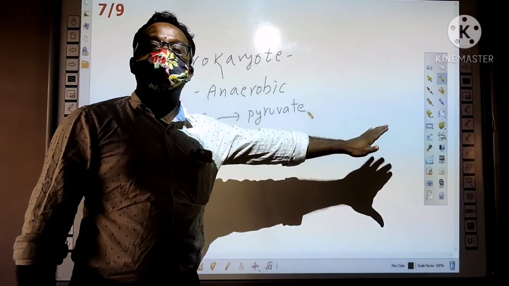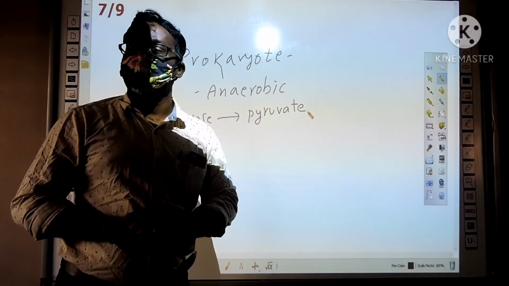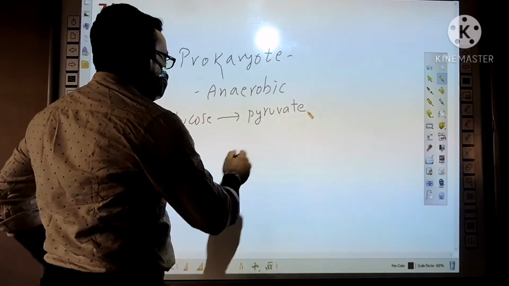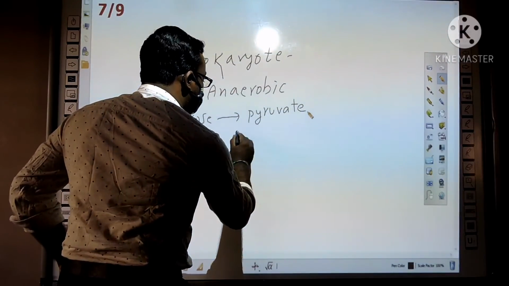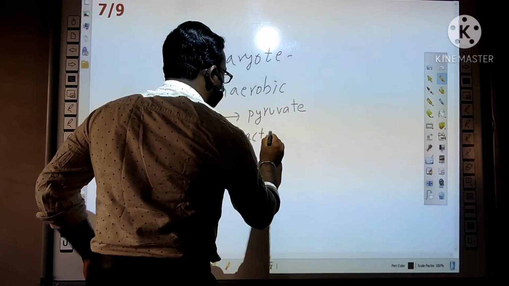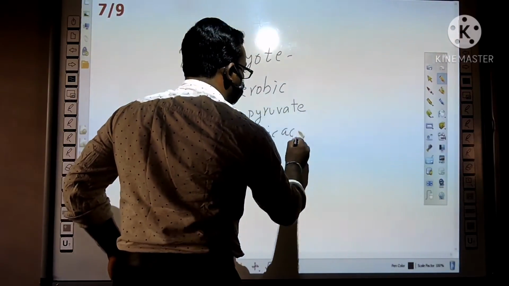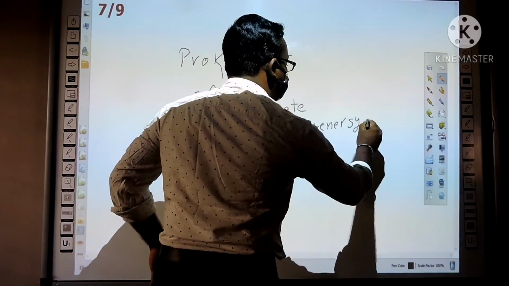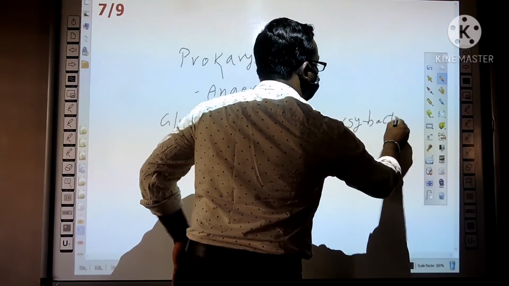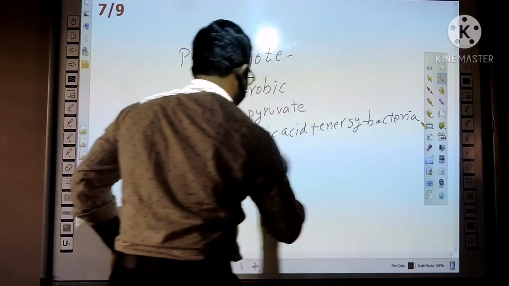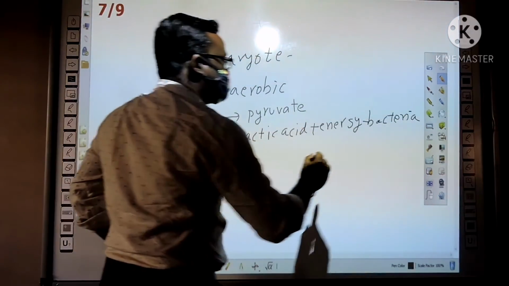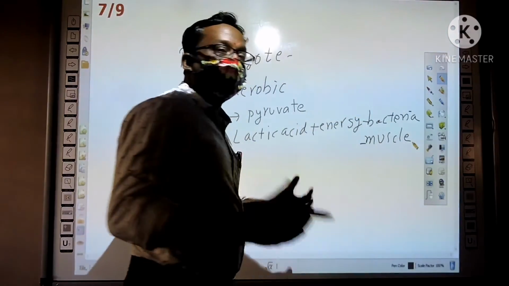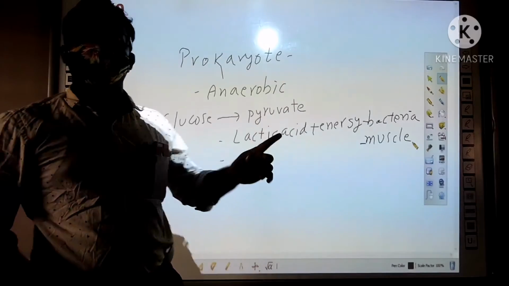produces various products in various organisms. For example, in bacteria, the pyruvate produces lactic acid. Lactic acid and some amount of energy are released in bacteria. In our muscles also, this anaerobic respiration takes place.